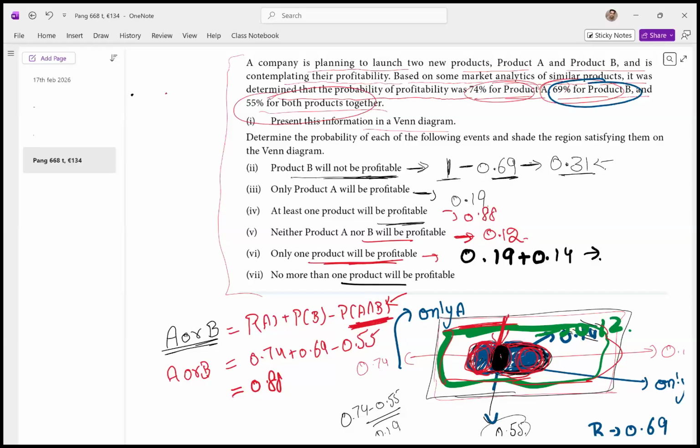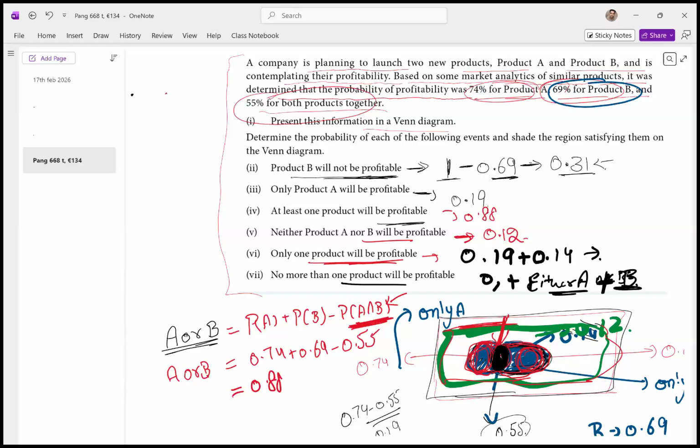No more than one product will be profitable. It means zero products plus one product. So either A is profitable or B is profitable, plus none.